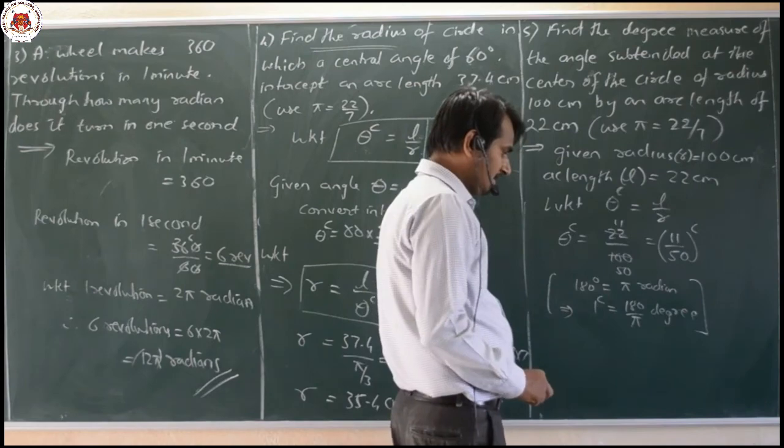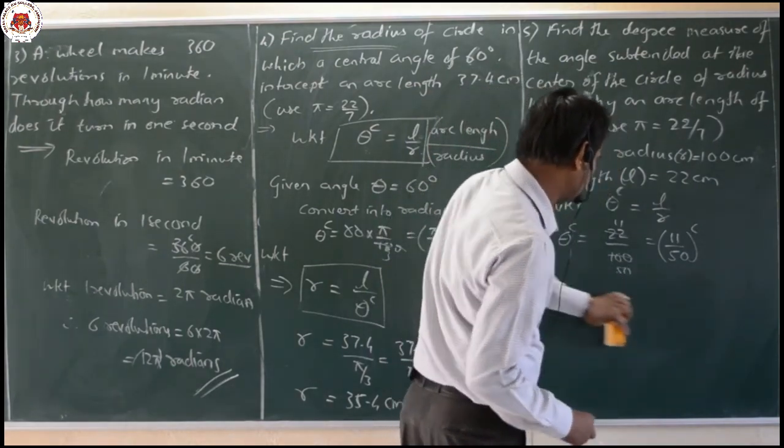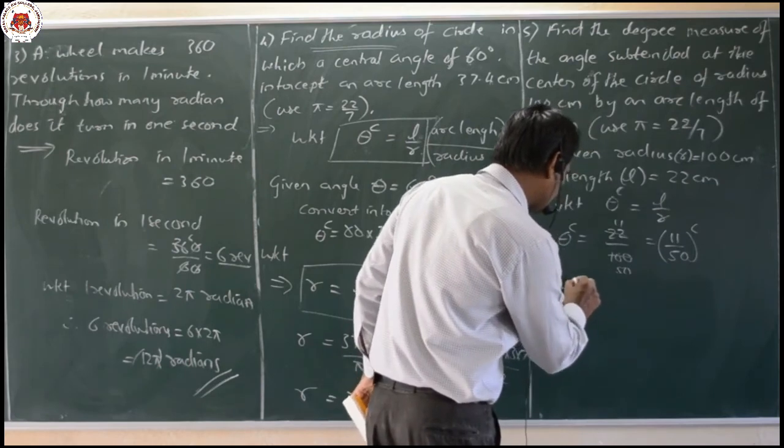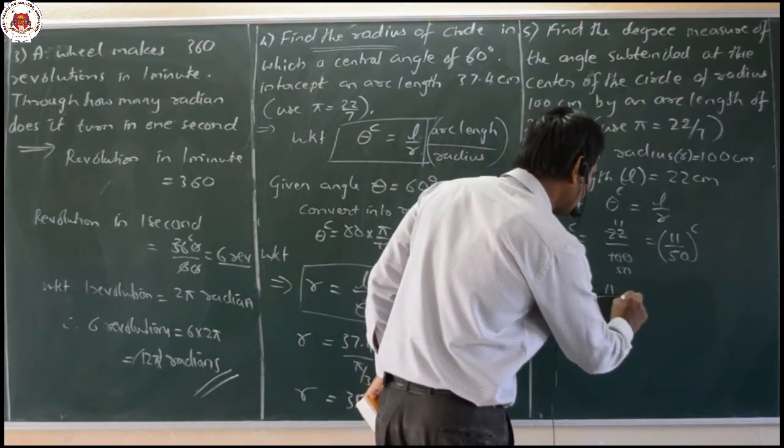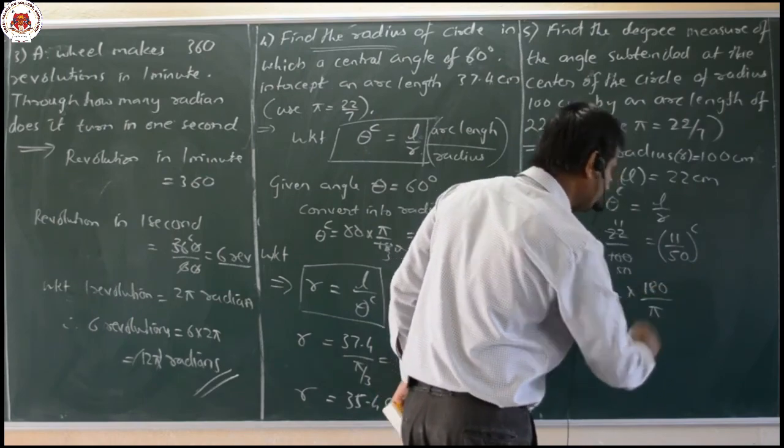So theta in degrees is equal to 11 divided by 50 into 180 divided by pi.